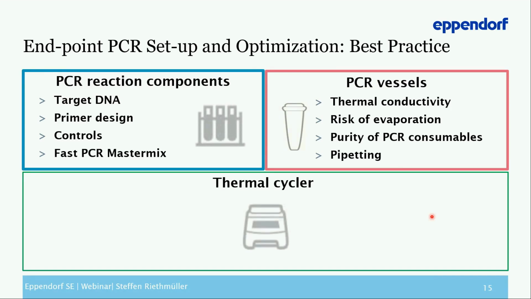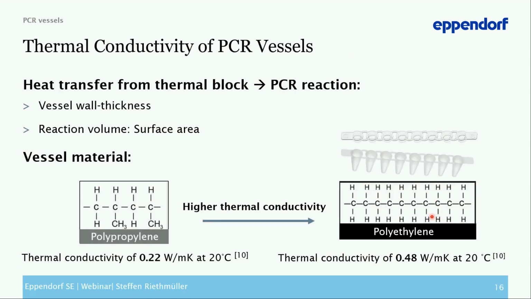And as I have just talked about fast PCR master mixes, the second thing you need is a vessel which is suitable for fast PCR experiments. And here you have different options. What is important in general when performing a PCR is the heat transfer from the thermoblock into the reaction, into the sample.